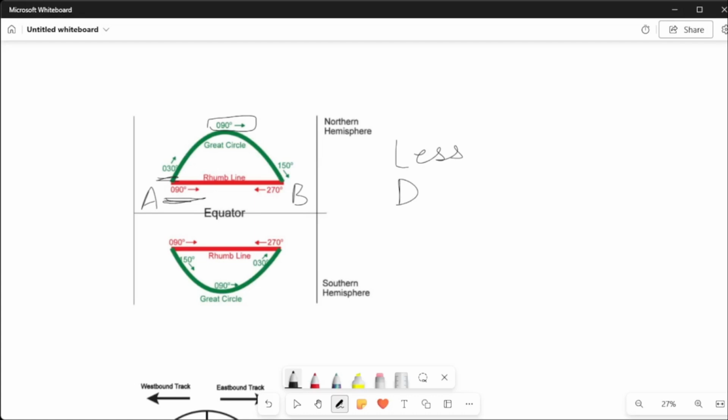In the middle, it will be equal, and towards the end, that is towards B, it will be more than your initial rhumb line track, or increasing. This is for the northern hemisphere.